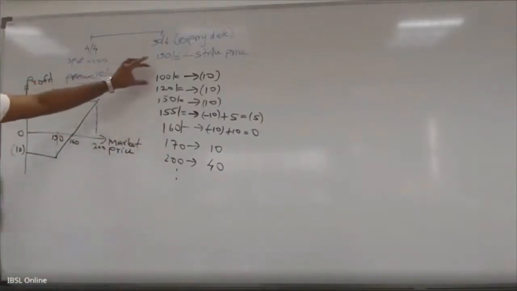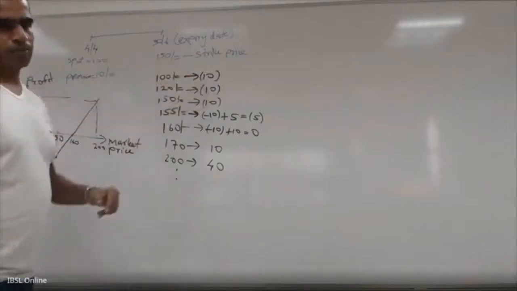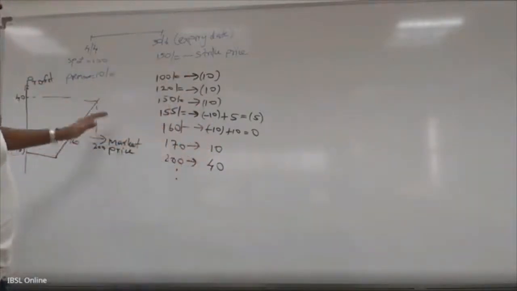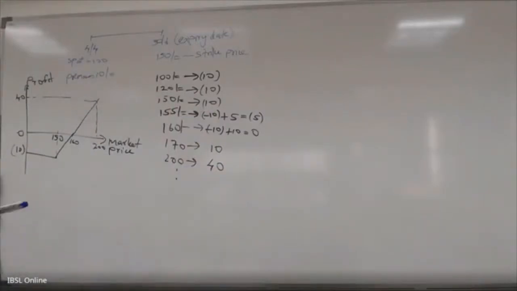When the customer loses 10, I will make this premium, I collect the premium. So his loss is going to be my profit, and his profit will be my loss. But 160 is the break even.